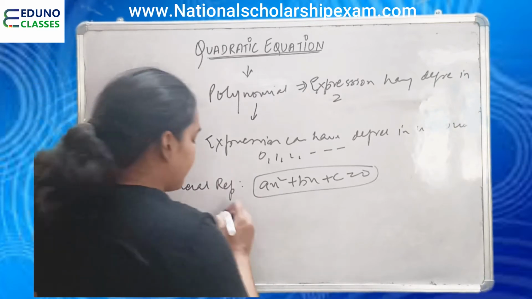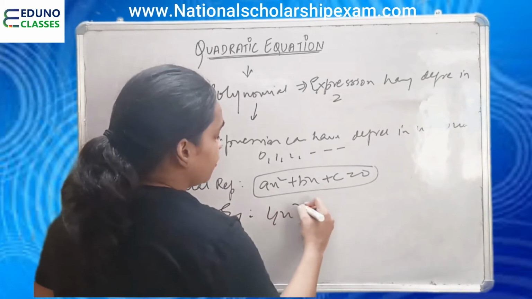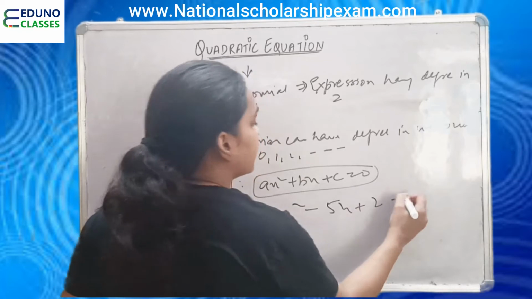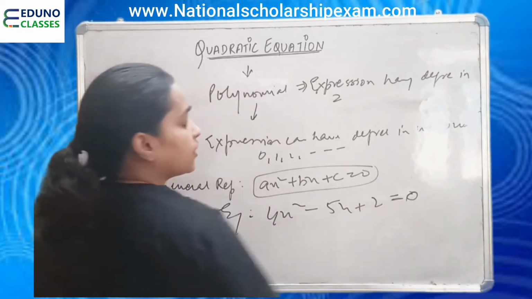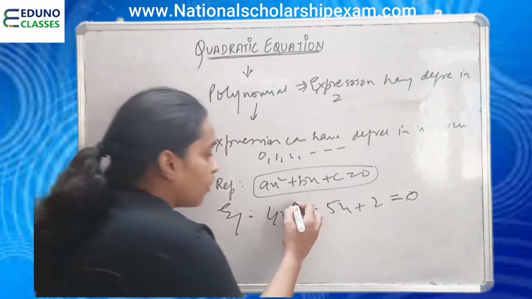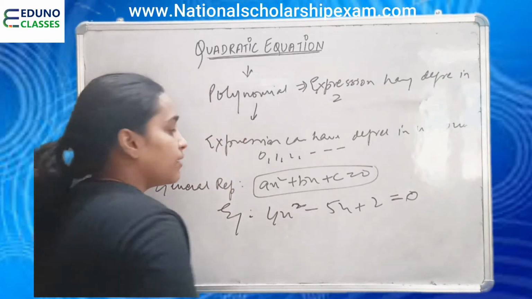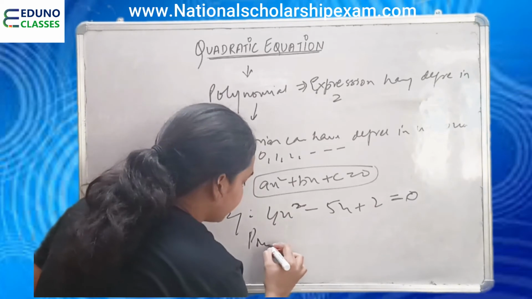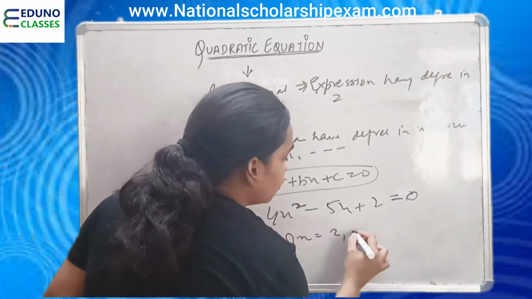Now, for example, I can say 4x square minus 5x plus 2 is equal to 0 is a quadratic equation. Here it is a polynomial because all the powers of x are whole numbers. We have powers of x as 2, 1 and 0.